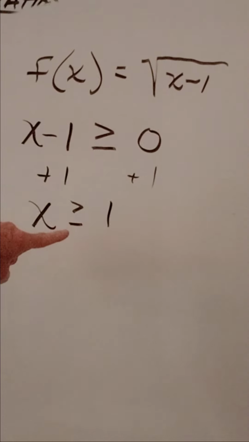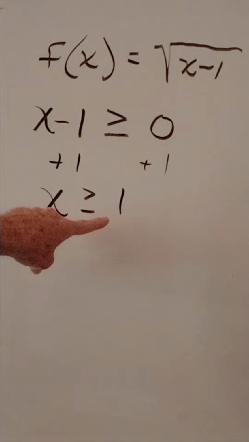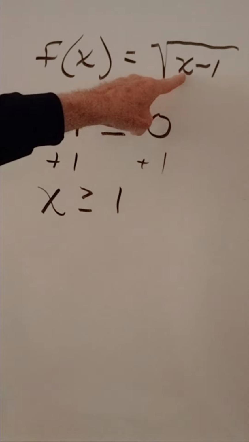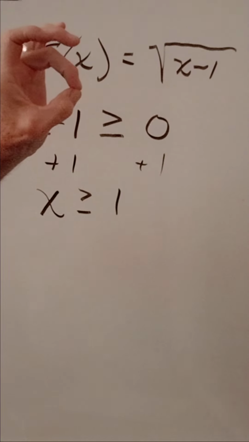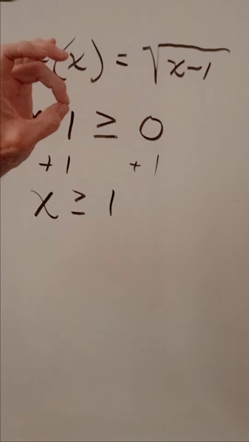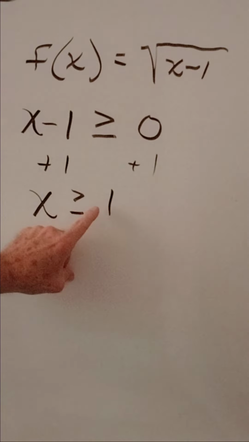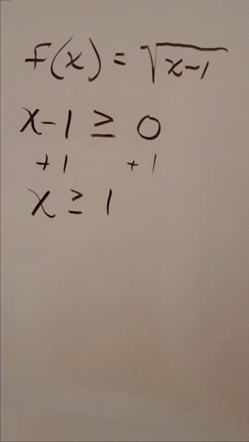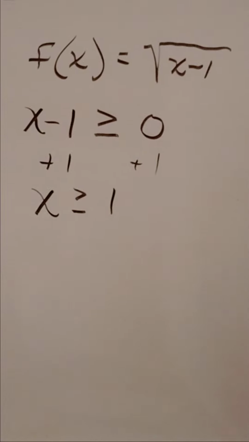Now, before I show that interval notation, let's just test this a bit. It's saying that x can be 1. If you put 1 in place of x, folks, 1 minus 1 is 0. The radical of 0 is defined. If you let x be greater than 1, you can let x be 2, 3, 4, 5, 6, 7, 8.